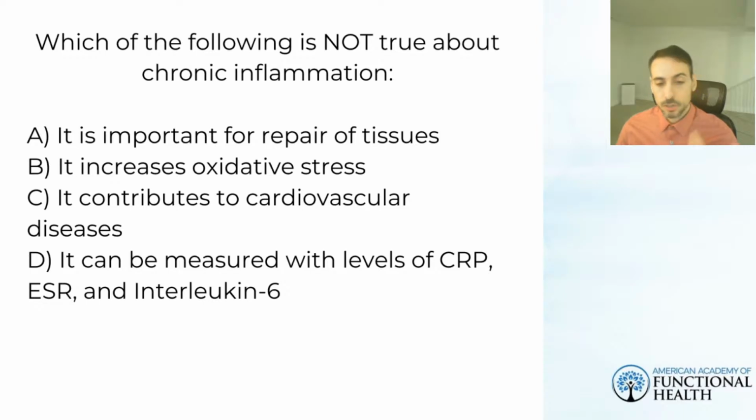Option number 2 is chronic inflammation increases oxidative stress. Option number 3, it contributes to cardiovascular diseases. And option number 4, it can be measured with levels of CRP, ESR, and interleukin 6. And ESR, just as a reminder, is the erythrocyte sedimentation rate test.